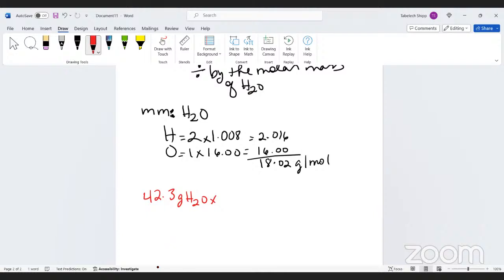So on the bottom, we're going to put the 18.02 grams of water, because that's the molar mass. And on the very top, we're going to put 1 mole of water. And now, like we said before, we're going to cancel out our like units.